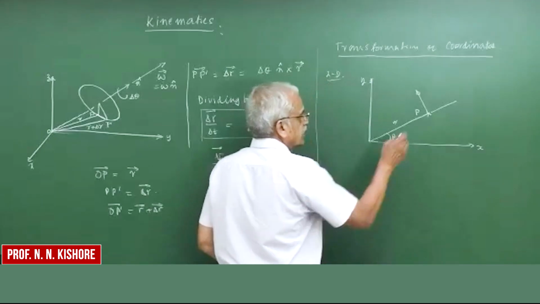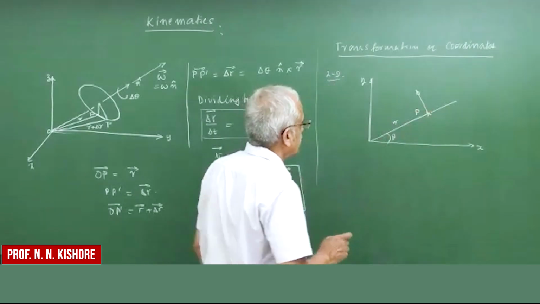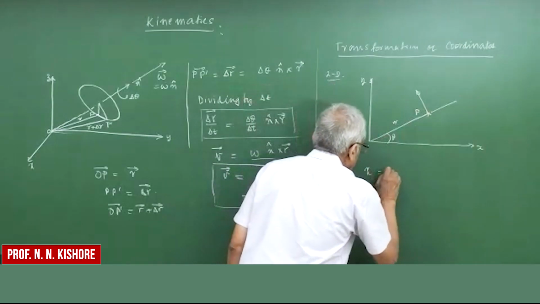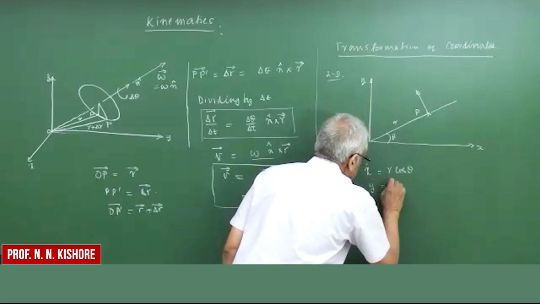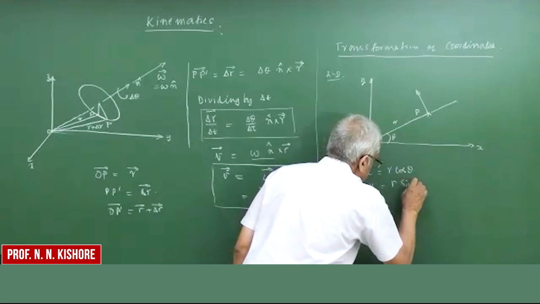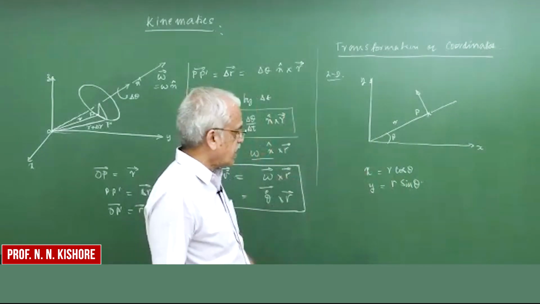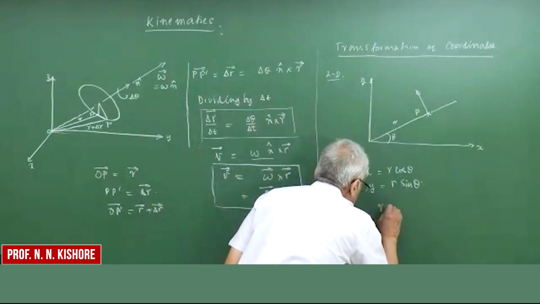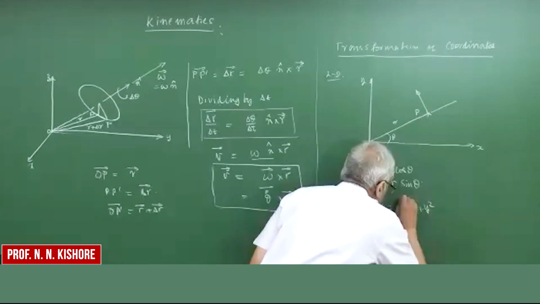This point P has coordinates r theta in polar, so we can convert: x is equal to r cos theta and y is equal to r sin theta. So given r theta you can get xy, or given xy we can also get r theta, very simple.